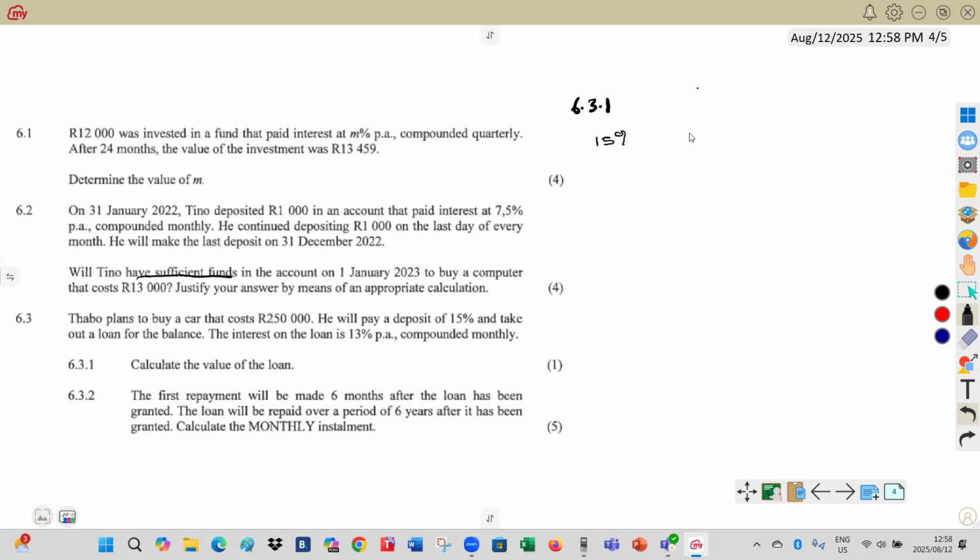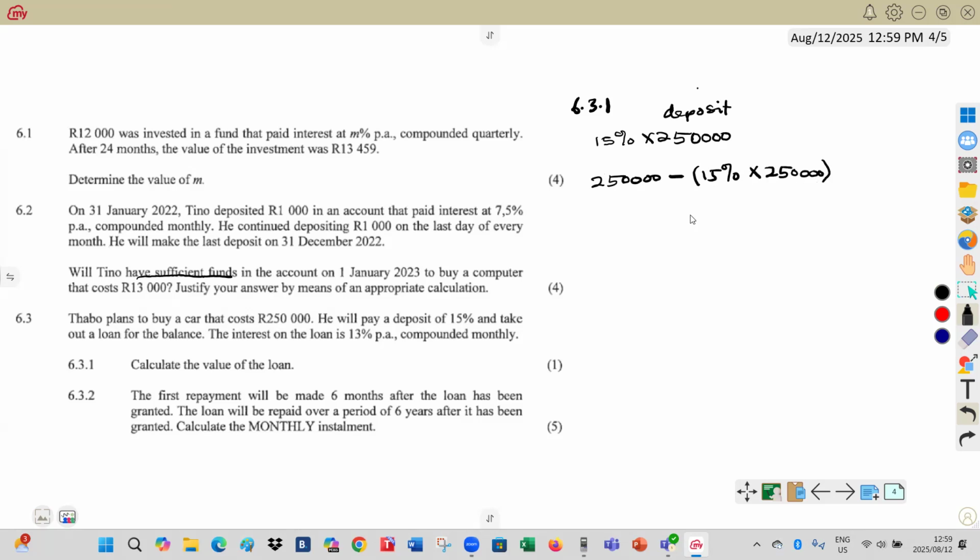So what is number 1? 15% multiplied by 250,000 is going to be the deposit. This amount is the deposit. So the value of the loan must be the actual cost of the car, which is 250,000, subtract the deposit, which is 15% of the cost.